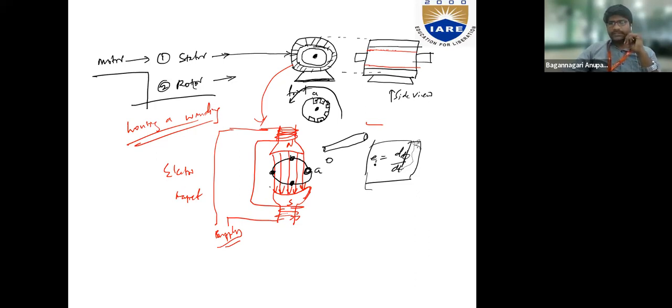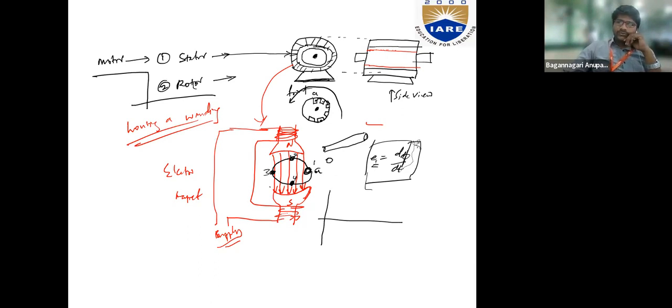The EMF induced is directly proportional to the amount of flux cut, that is, the time-varying flux, right? Now, what happens to the EMF being induced? Let me mark these points as position 1, position 2, position 3, and position 4. Since positions 1 and 3 are away from both the poles, the flux linked with the conductor will be very less.